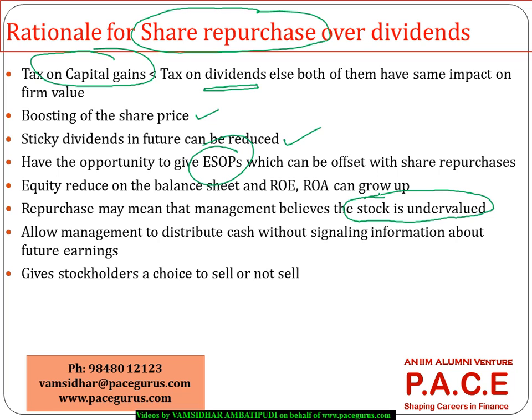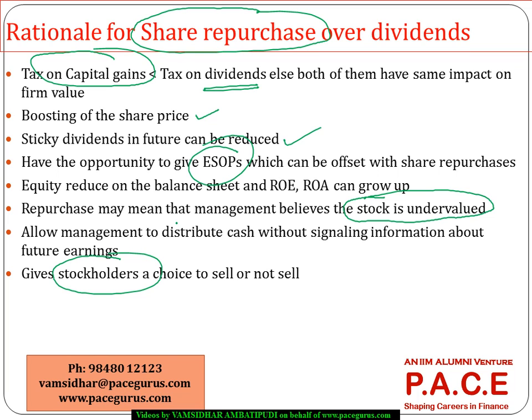And one more major thing, at least when I compare it with the dividend, is that a dividend is a forceful thing given to individuals: every person will get the dividend whether he is interested in it or not, whether he wants it or doesn't. Whereas with a share repurchase, it is up to the investor.